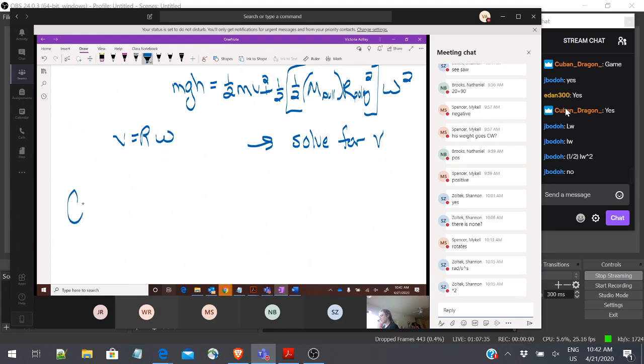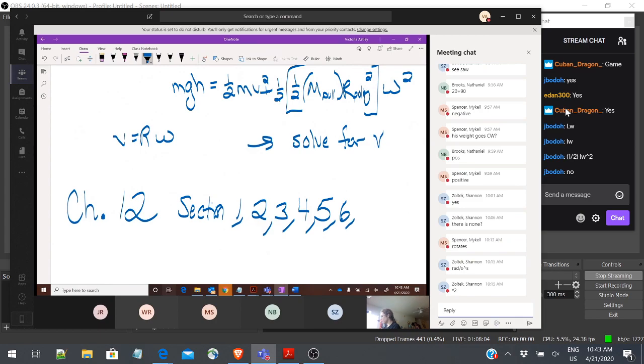So if you have access to the textbook, the relevant chapters are section 1 for torque, definitely 2, definitely 3, definitely 4. We skipped the parallel axis theorem, but you should look at it anyway. 5, 6, 7, 8.